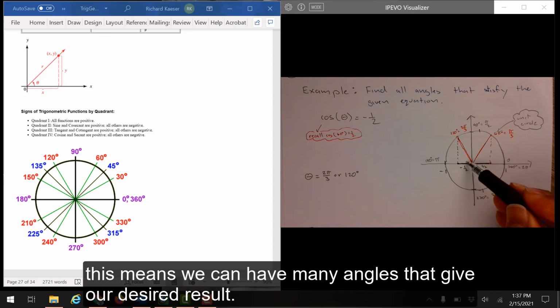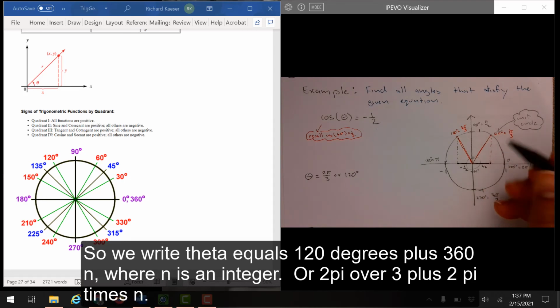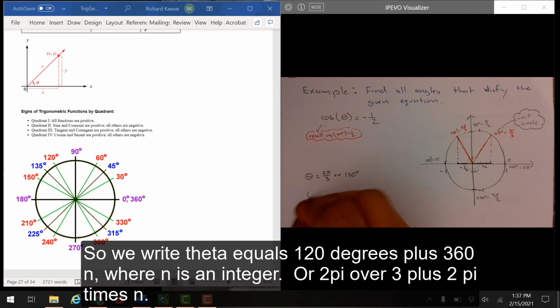This means we can have many angles that give our desired result. So we write theta equals 120 degrees plus 360 n, where n is an integer, or 2 pi over 3 plus 2 pi times n.